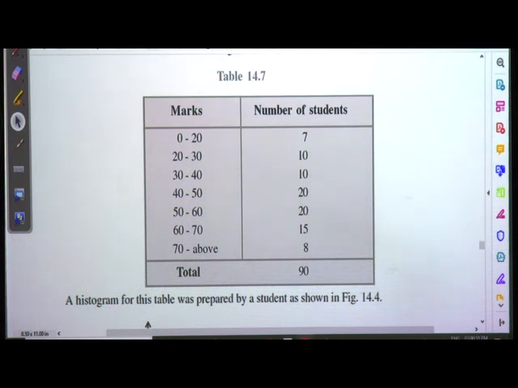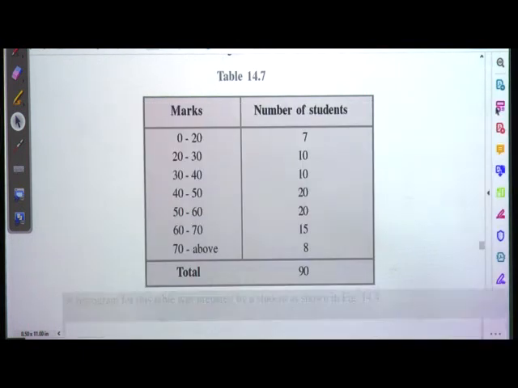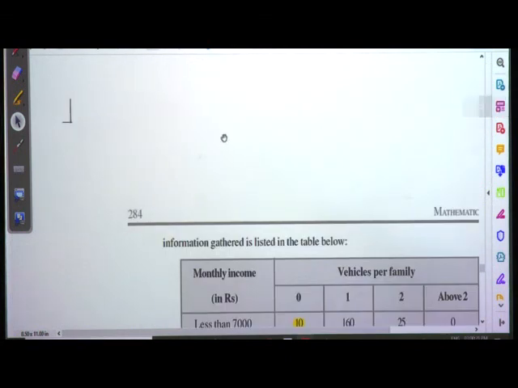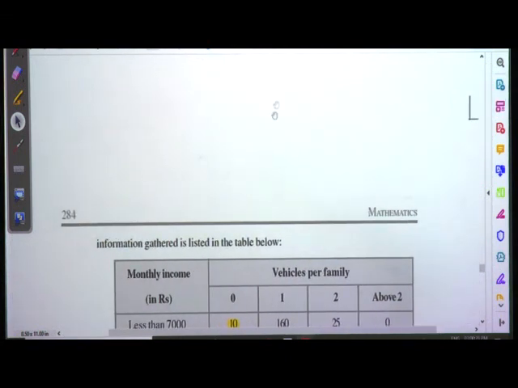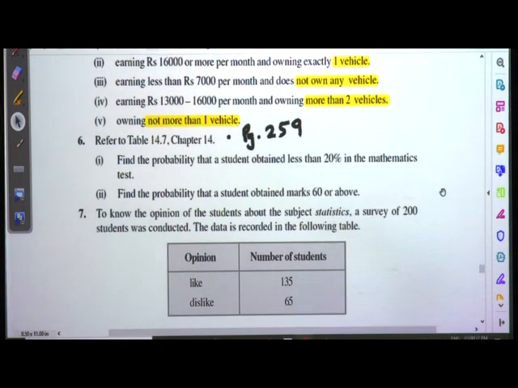We shall again shift to the same page where the question is present, and here we are back. Here you can see the things. What we want here: find the probability.